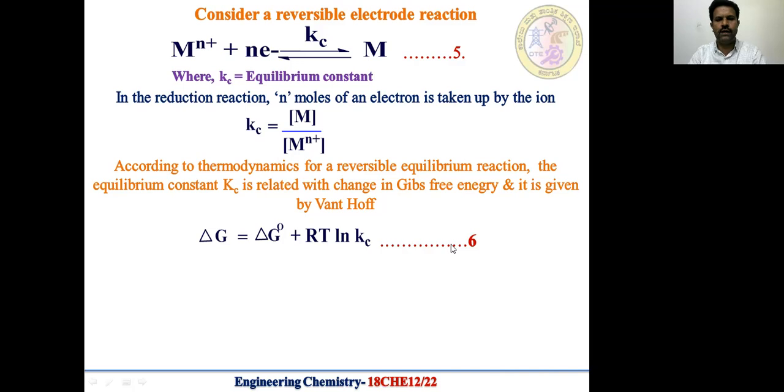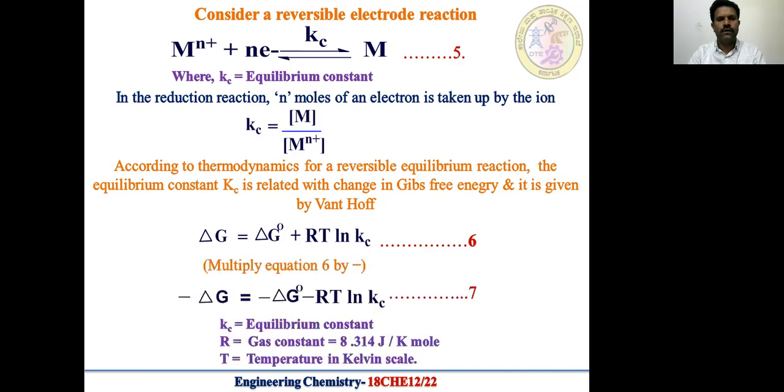That is equation number 6, called the Van 't Hoff equation. Multiply equation 6 by a negative sign. The reason is we know the value of minus delta G as well as the value of minus delta G naught.